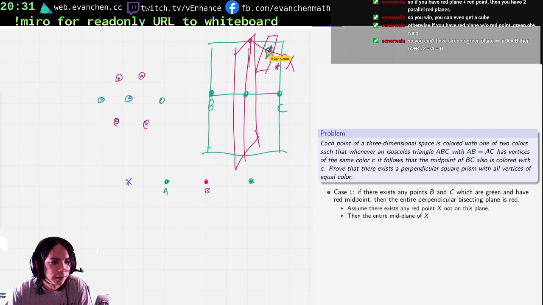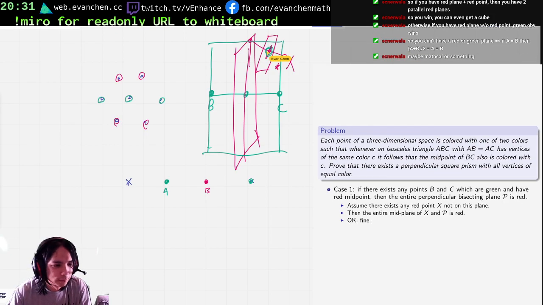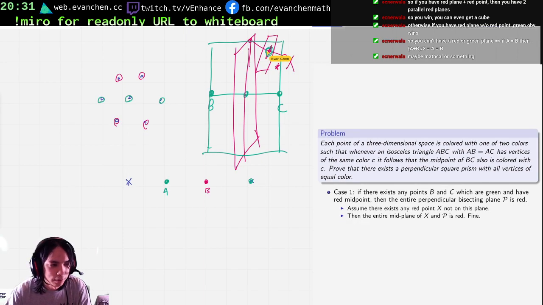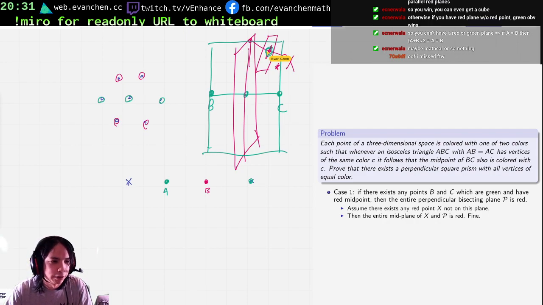Okay, fine. So that's fine. And yeah, if the rest of it is green, then the rest of it is green. So we can now reduce to the case where colors are midpoint closed, and that's the only condition we have.